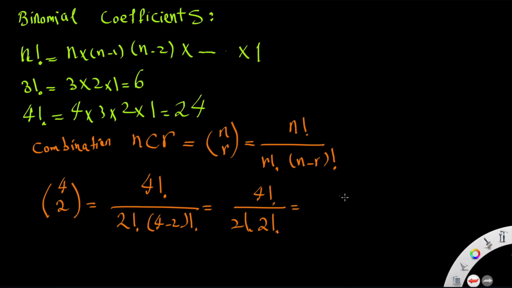It would be 24 over 2 times 1 and 2 times 1, which is 4. So it will be 6. These are the points you need to know in order to find coefficients directly in binomial expansion.